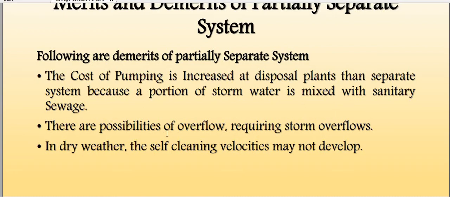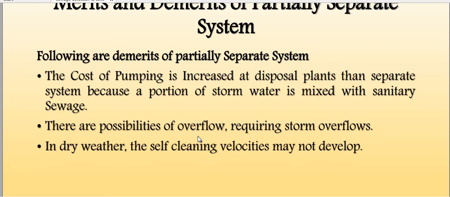There is a possibility of overflow requiring storm overflows, that is storm water regulators. Because we are allowing a certain quantity of storm water and it is not regularized properly, it requires the storm water overflow regulator to regulate the overflow condition.